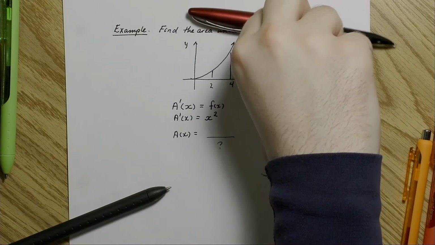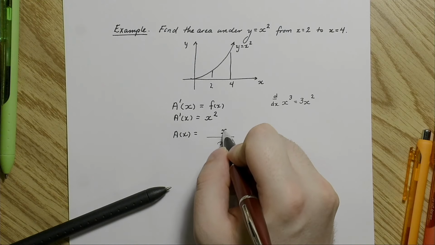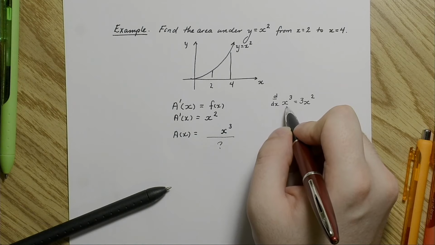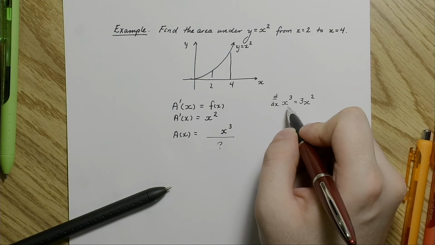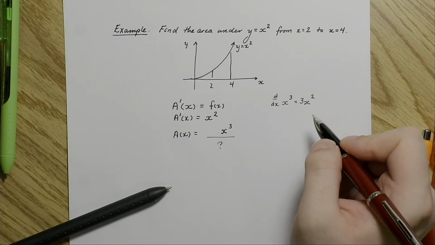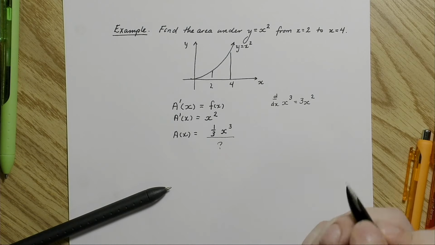So we know that it's got to be something like x cubed. But if we have the x cubed here, we have this 3 in the front. So what we need to do is divide by 1/3.